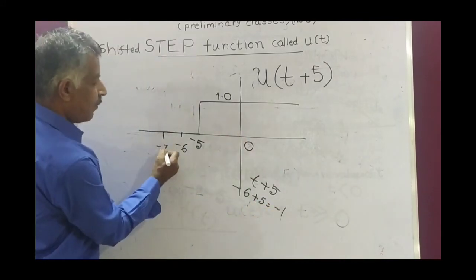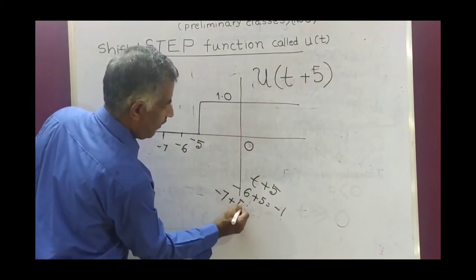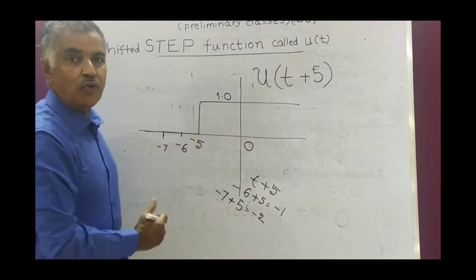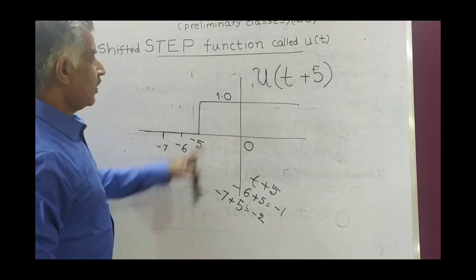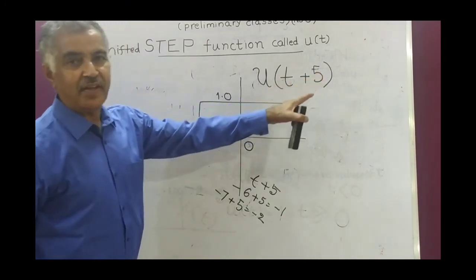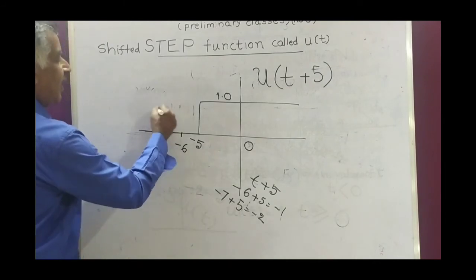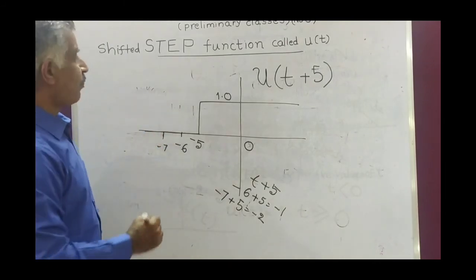Take minus 7. Minus 7 plus 5 becomes minus 2. So on this side, if you take values for t, then your t plus 5, that is the argument, becomes negative. And that is why the value becomes 0.